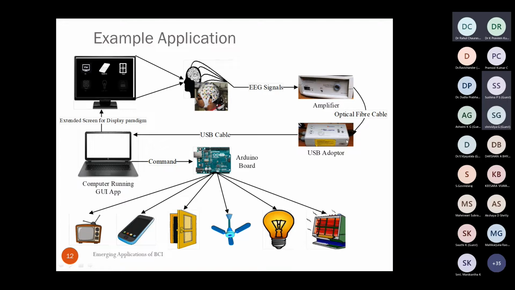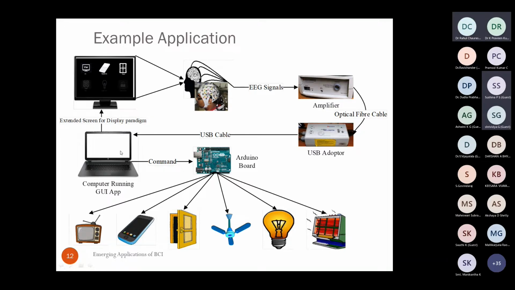The USB adapter converts those signals to normal data form, and through USB they go back to your PC. The flagging is important: at what time, which picture you have shown, and what the response from your brain is. That is very important, because the delay should be in the millisecond range. Only then will it be able to tell properly whether it is detecting the signal or not.